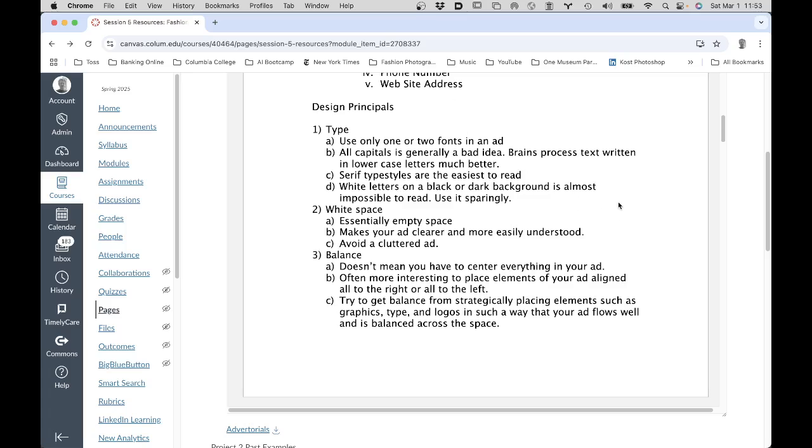Also, black type on a white background is much easier to read than the reverse. White type on a black background is very difficult to read, so they also do that advertisement as white type on a black background, all in an effort to make it harder to read that it is an advertisement, and again, to fool you into believing that this is an editorial.